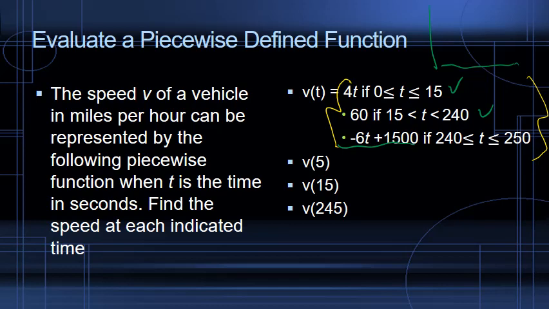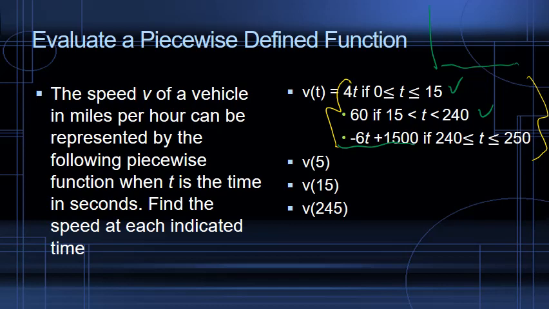And then we're simply asked to find the values of our speed, v, given 3 different measurements of time. In this first one, what is the speed when the time elapsed is 5 seconds? So we're looking here at our 3 equations to determine where this would fall.